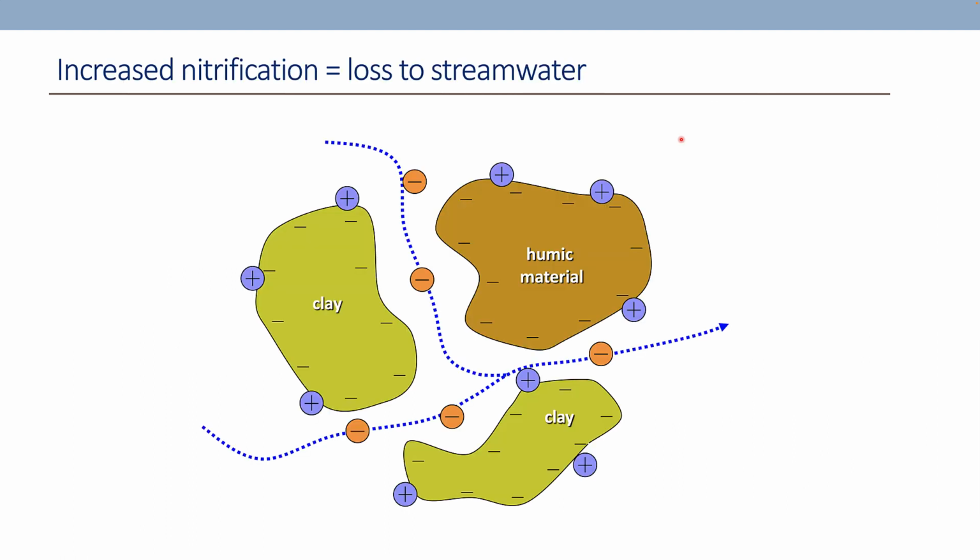We've talked a fair bit over this class, and I know you've seen this graphic already once before, but I want to remind us why we care about these processes and what that means for the movement of nitrate through the environment. Again, these are little particles of organic matter or little mineral clay particles.